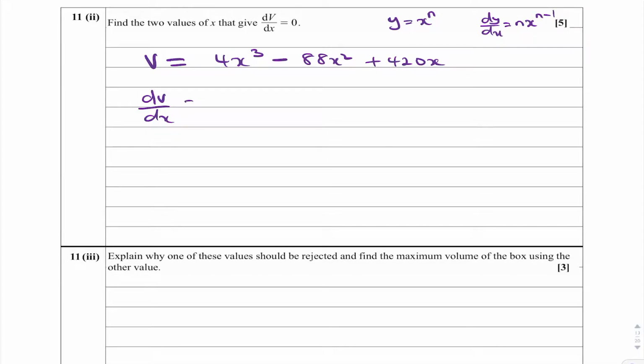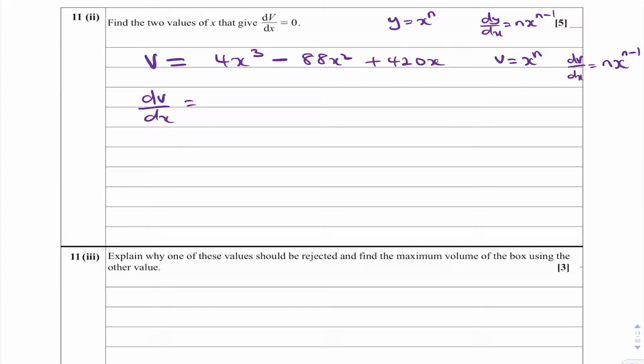We're doing the same thing here. We've got V, so we haven't got y, we've got V. V equals x to the power of n, therefore dV/dx will be nx to the power n minus 1. 4 is a constant, 88 is a constant, 420 is a constant.